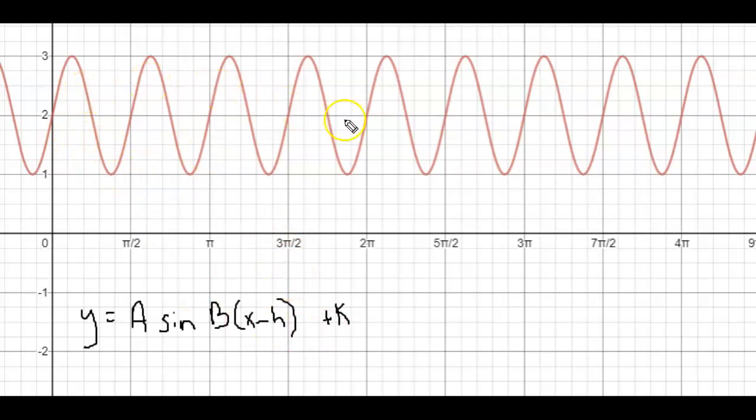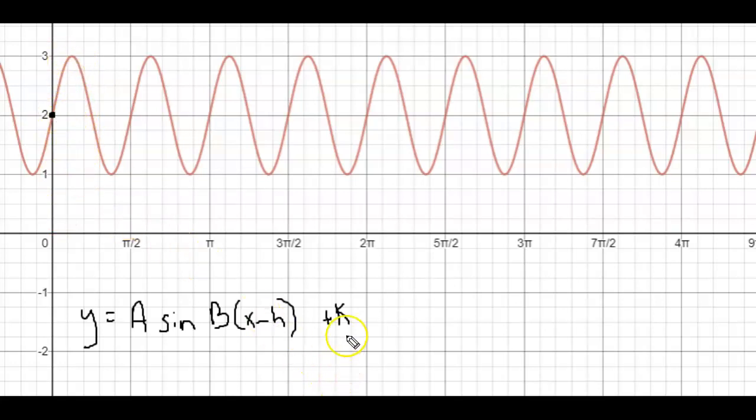So looking at this graph that we have up here, I'm going to try and isolate one cycle. I notice right away that on the y-axis, it appears to be the middle of a wave. It's bouncing between 3 and 1, so the middle would be 2.